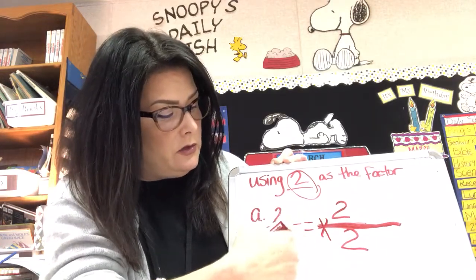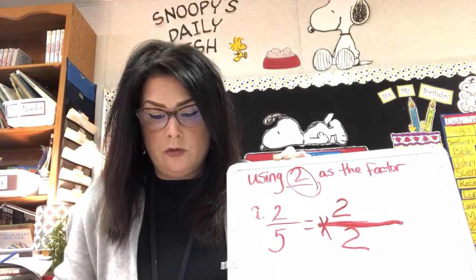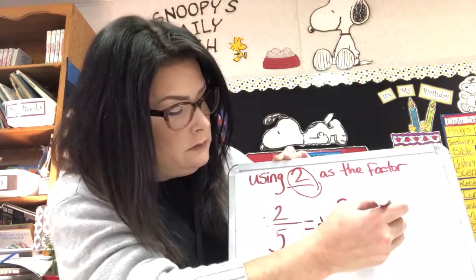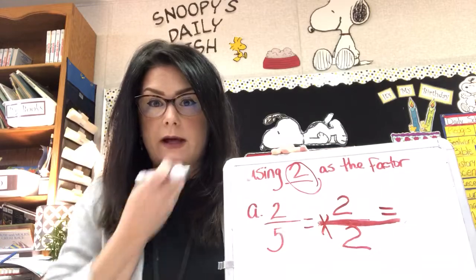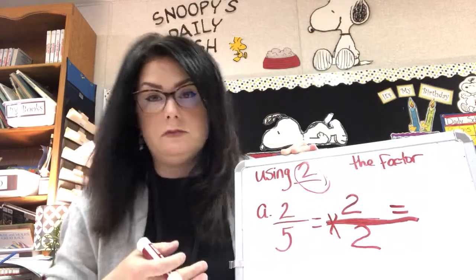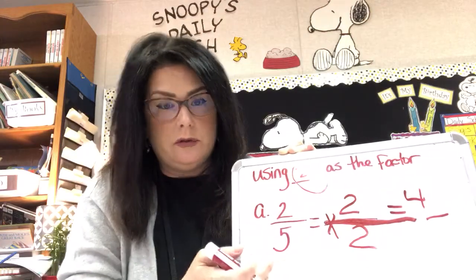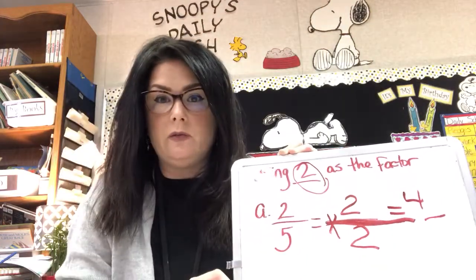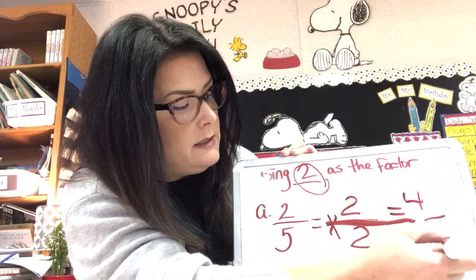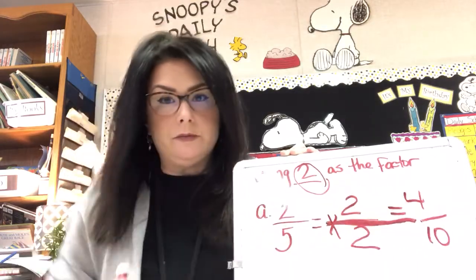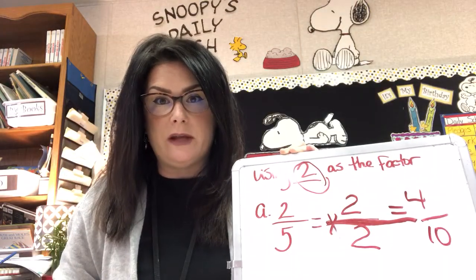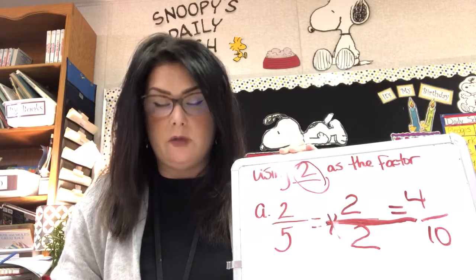You're going to multiply it just like you normally would. If you were to multiply 2 times 2, you get 4, right? And then if you multiply 5 times 2, you get what? 10. Pretty simple, right? There's my answer. 4 over 10 is going to be your answer.